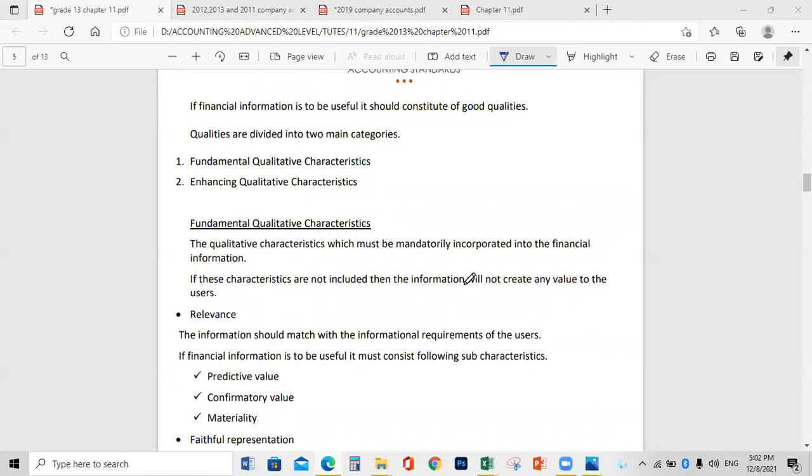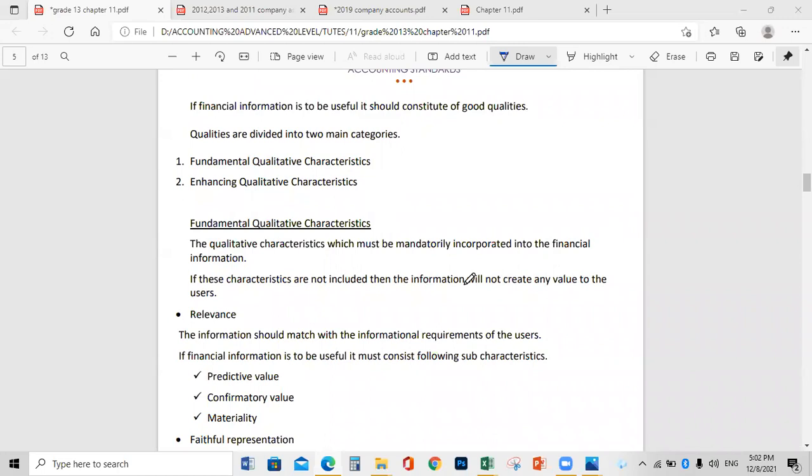The word itself says mandatory, important. If you take information, it is a must for the information to have this characteristic.